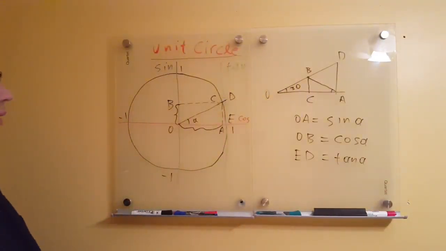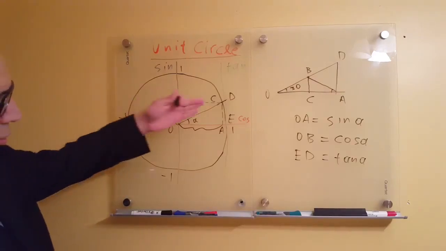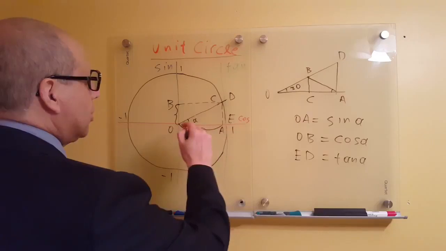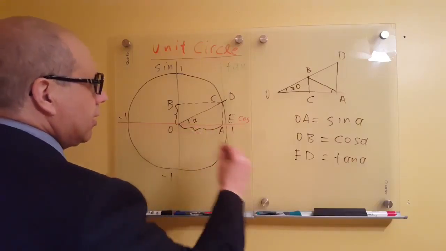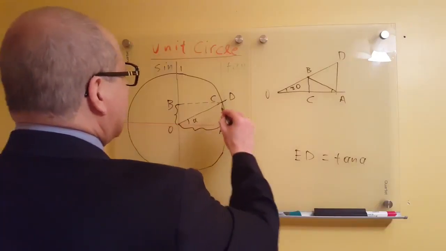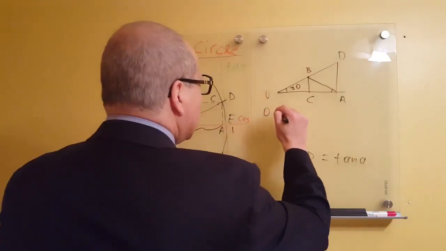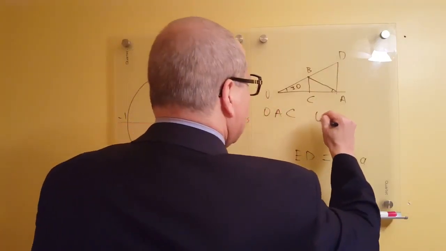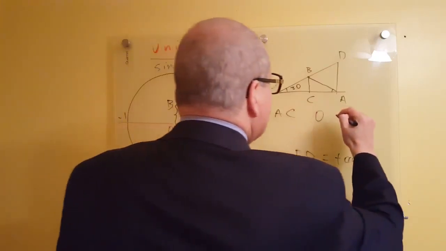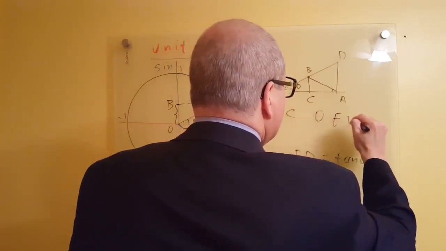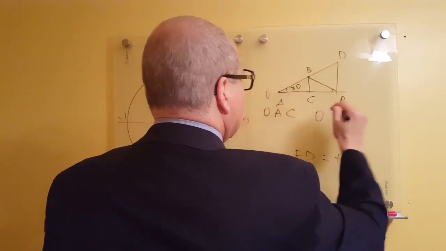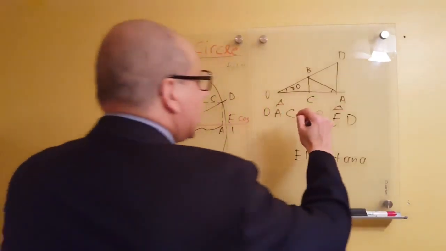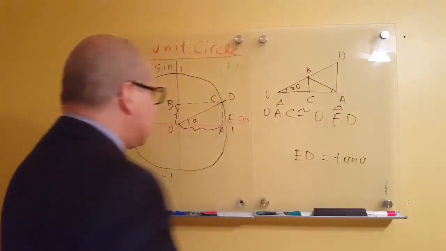Now, how you can prove this is from the fact that if you take these two triangles, OAC and OED, these triangles are similar.